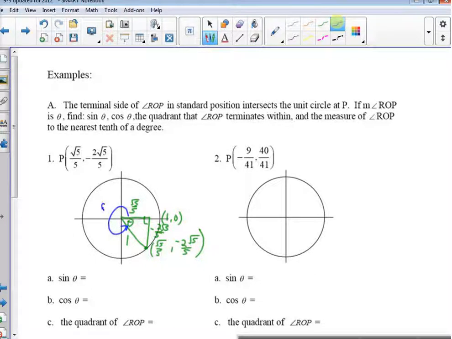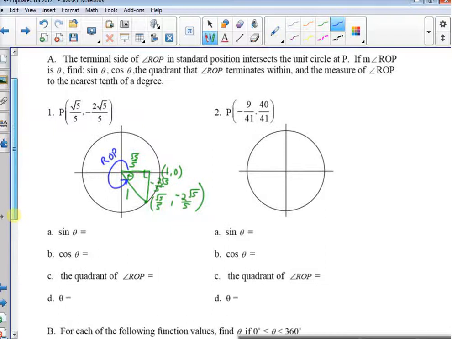That's angle ROP. But that angle ROP I can reference by using these triangles. I am interested in the sine of this angle. This little angle here will reference this big one in blue. And so the sine we know is the y coordinate, and the cosine is the x coordinate.